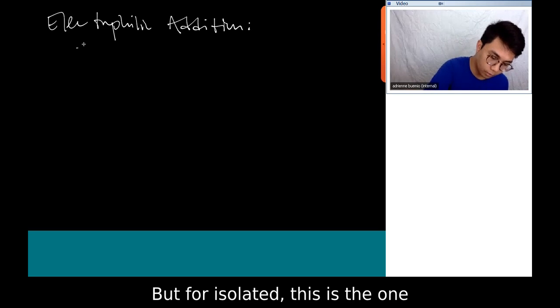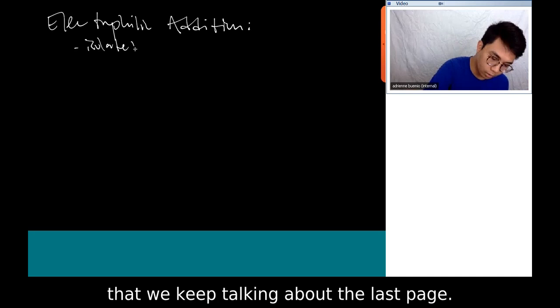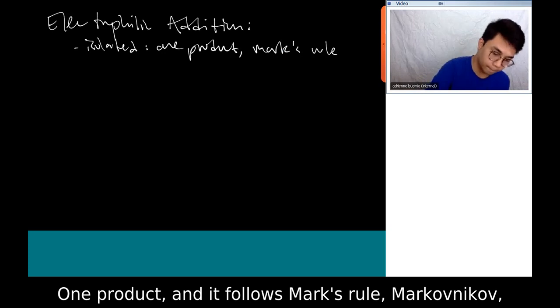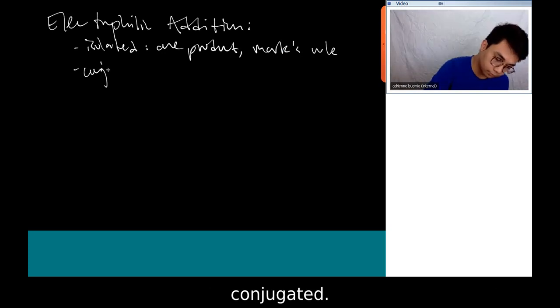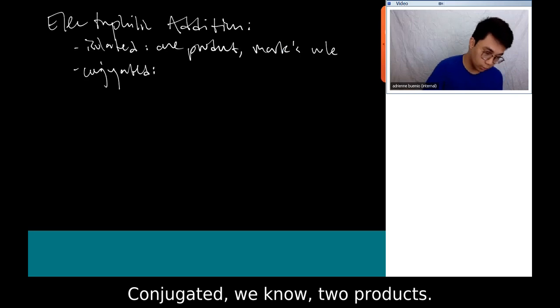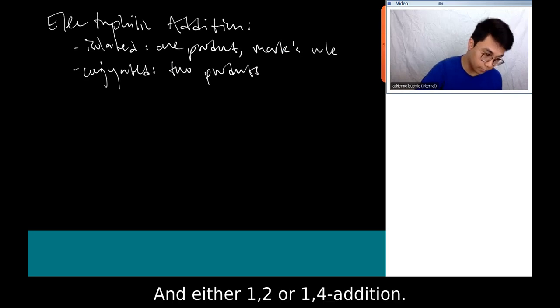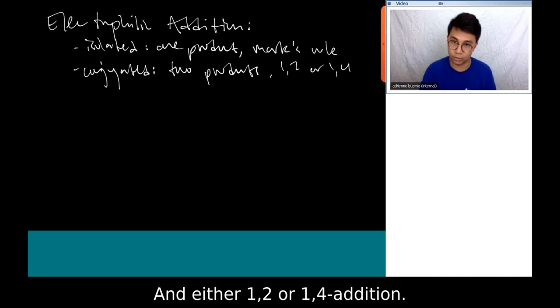For isolated, this is the one we keep talking about from the last page: one product, and it follows Markovnikov's rule. Conjugated, we know, gives two products, either 1,2 or 1,4 addition.